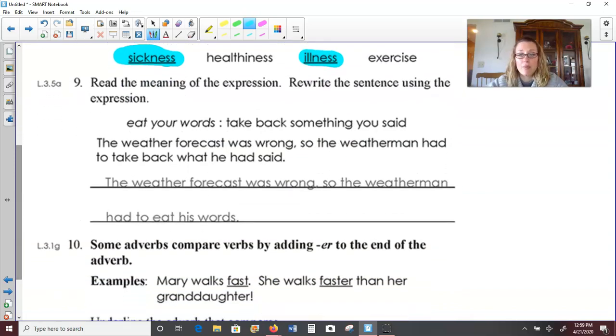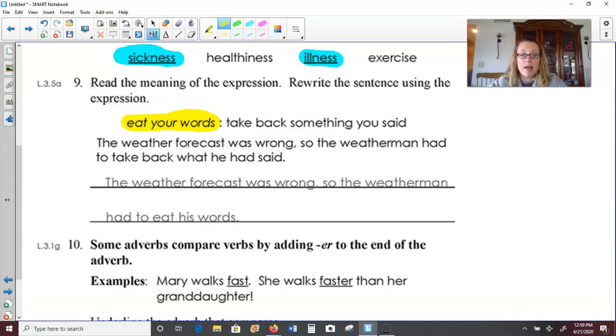Number 9, read the meaning of the expression. Rewrite the sentence using the expression. So this is kind of new. Eat your words. Sounds kind of silly to say eat your words, but remember these expressions don't literally mean exactly what they say. In this case, eat your words means to take back something you said. It's like when you say something and you wish you could rewind and take it back.